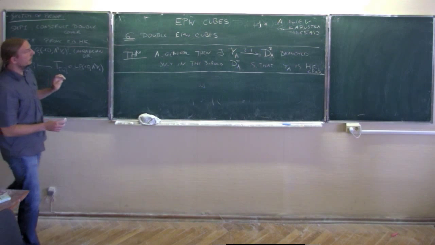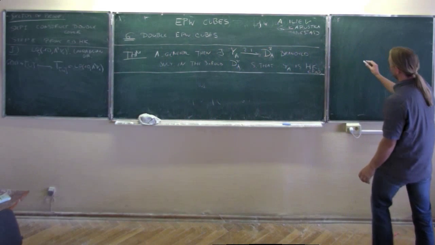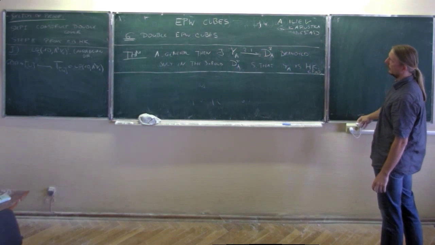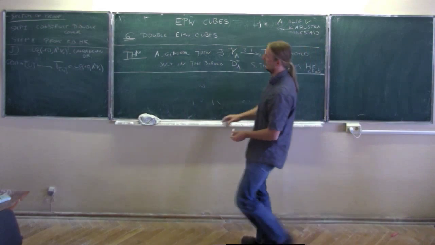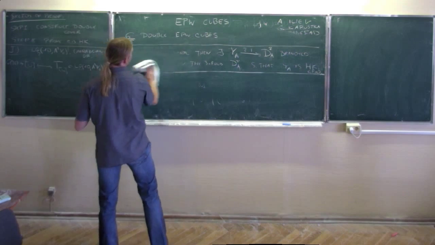So maybe I need more space. So we have this embedding. Maybe I'll just erase here. We have this embedding of G36 inside the Lagrangian Grassmannian.